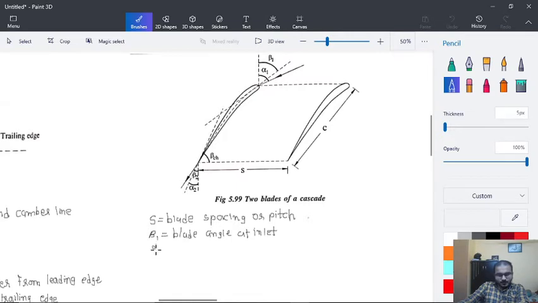Alpha 1 is equal to the flow angle at inlet. Similarly, we can write down for beta 2 and alpha 2. Beta 2 is the blade angle at outlet and alpha 2 is the flow angle at outlet.